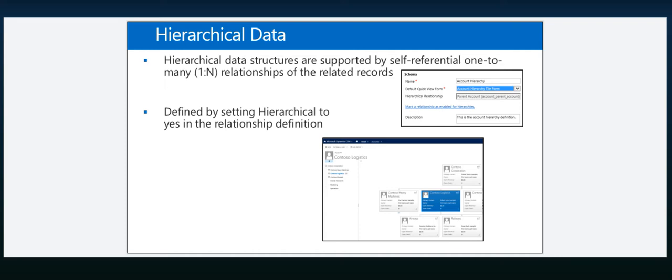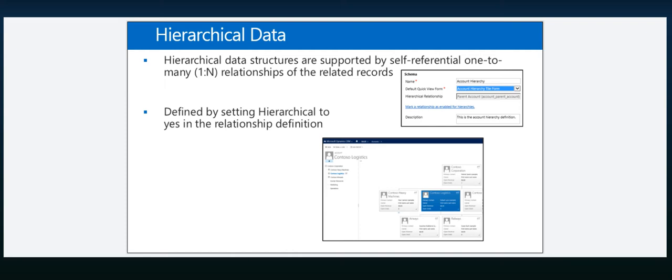Hierarchical data are self-referential one-to-many relationships of the same record type. You can define those in the hierarchical settings by setting the hierarchical setting to yes in the solution manager. So on an entity, you can set the hierarchical definition to yes, and you'll see all the information in there and get information about the hierarchy.